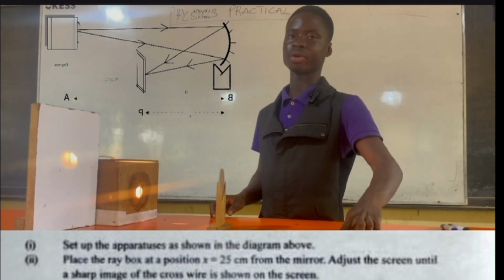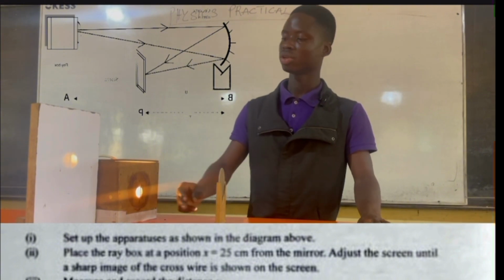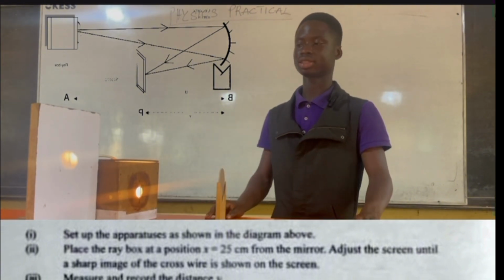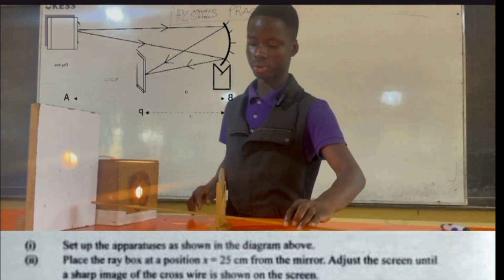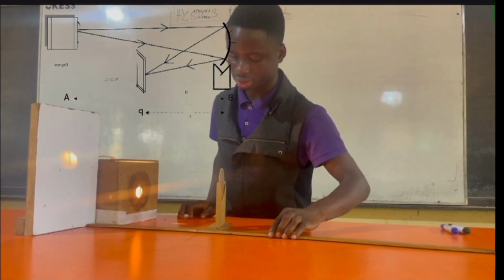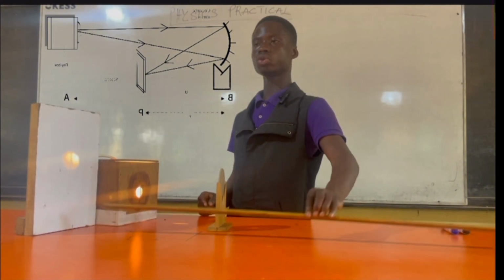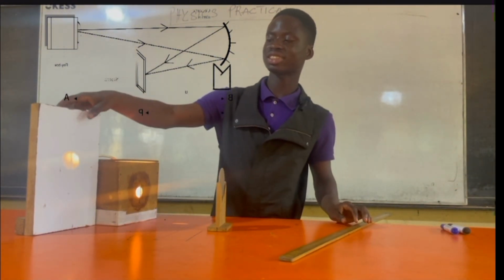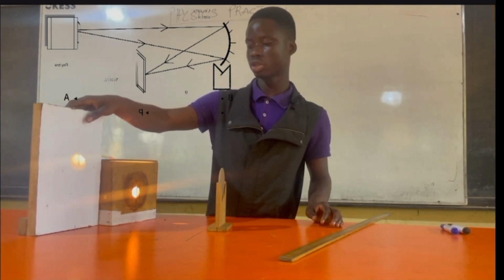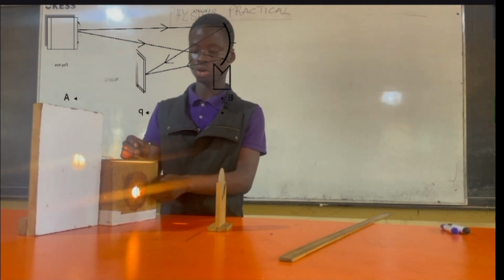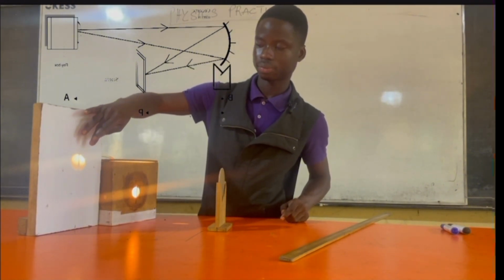We are to measure and record our distance from the mirror to the screen as the image distance. So over here, I'll take my rule and measure the distance from this place to this place. But before doing that, we need to adjust the screen until a clear image of the cross-section wire of the ray box is found on the screen.